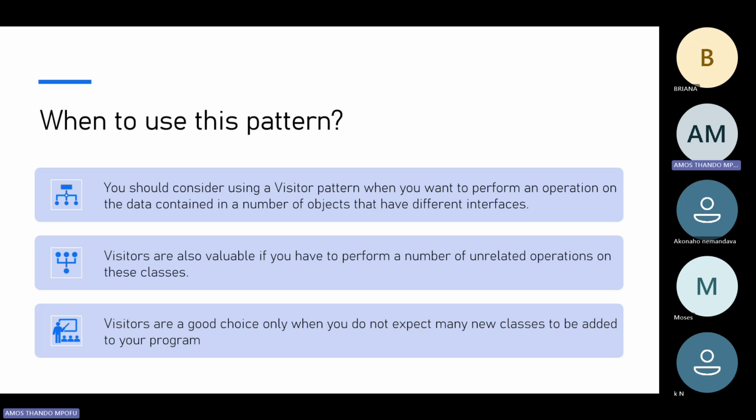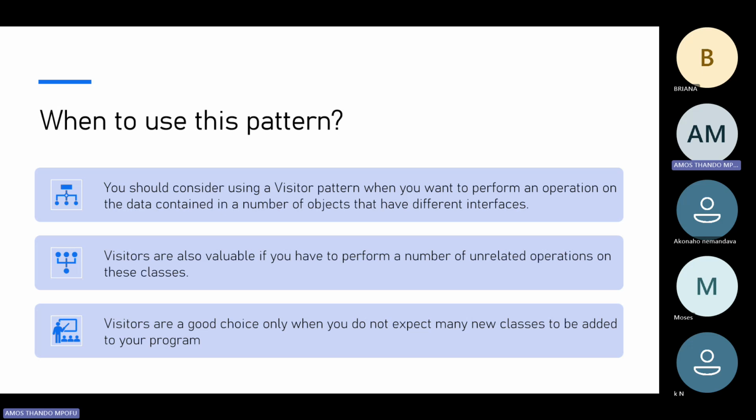But remember, you need to combine all of this. It's basically a checklist. You need to make sure all these conditions are met. For example, you have objects that have different interfaces. Basically, the interfaces are unrelated. Therefore, if they're unrelated, that means they perform unrelated operations on these classes.